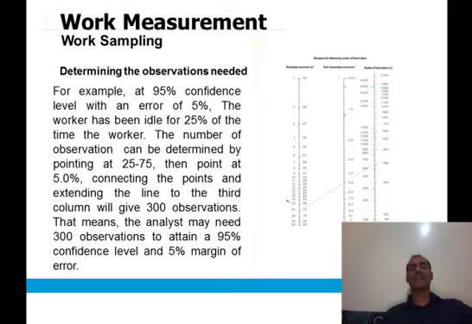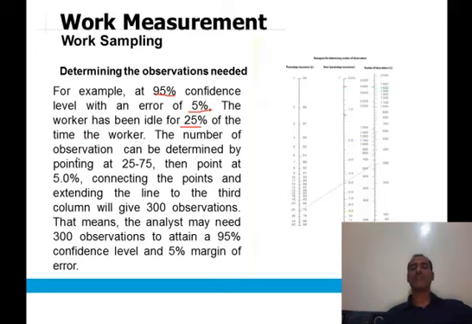For example, at a 95% confidence level with an error, the margin of error will be 5%. The worker has been idle for 25%, so the working time is 75% of the time.